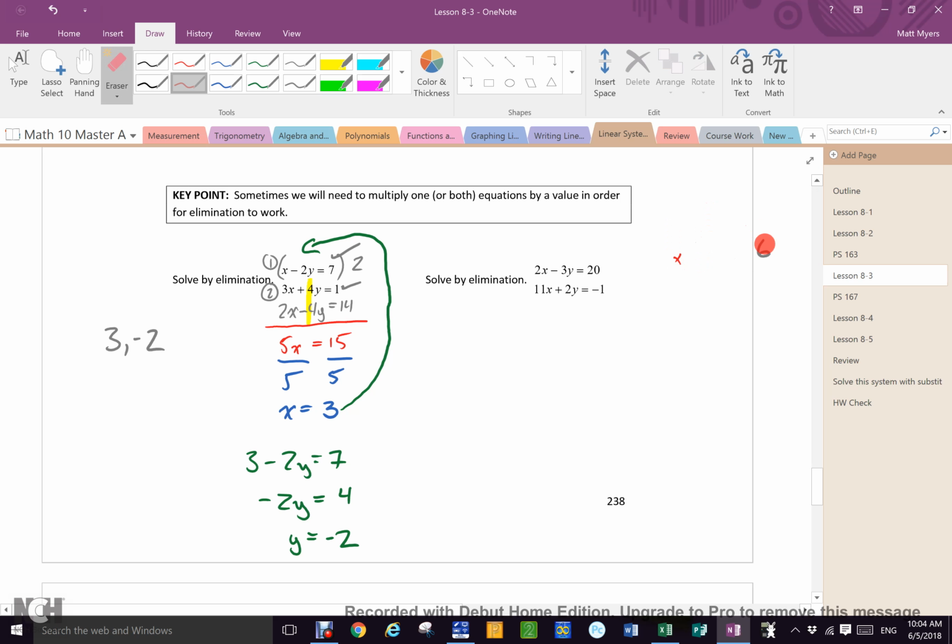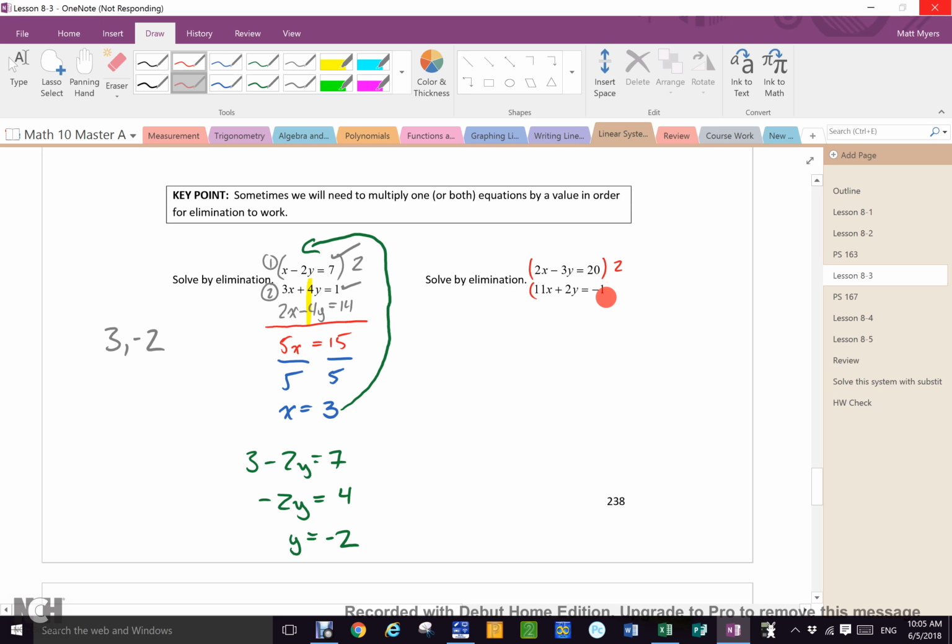Well, since you need the same number and you have 3 and 2, would it not work to multiply this guy by 2 and this guy by negative 3? Then what would I get?